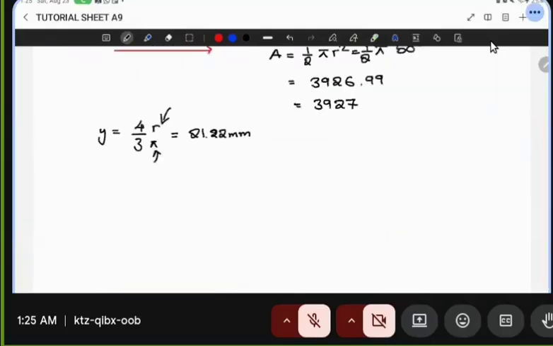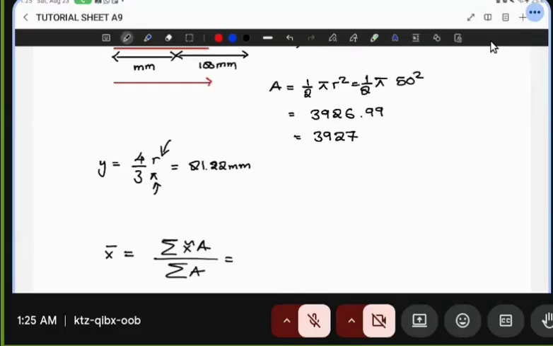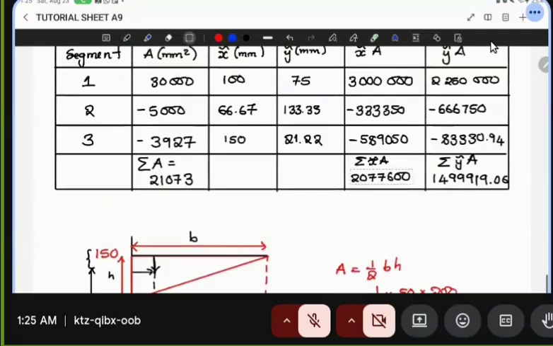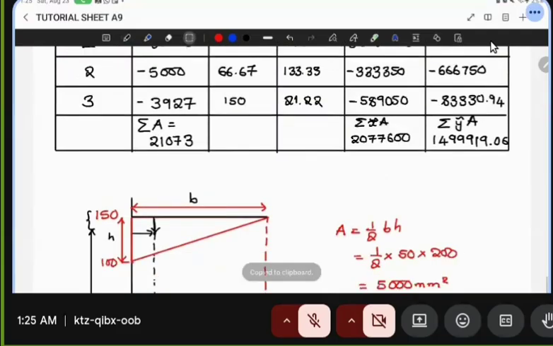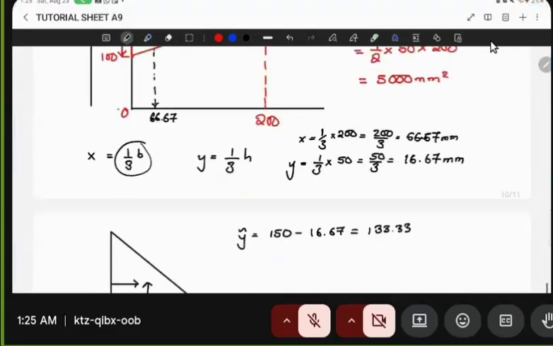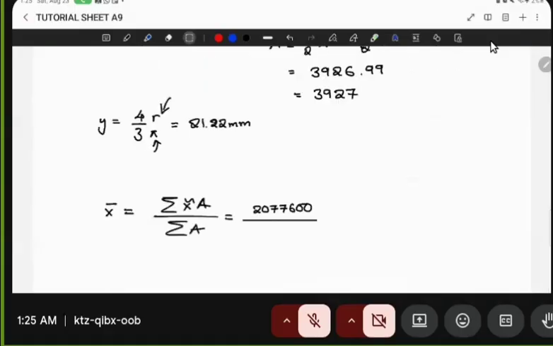So you can now get X bar: the sum of X tilde A over the sum of the area. The sum of X tilde A will be this. Then we'll divide this by the sum of the area, which we have here. So what are we getting?